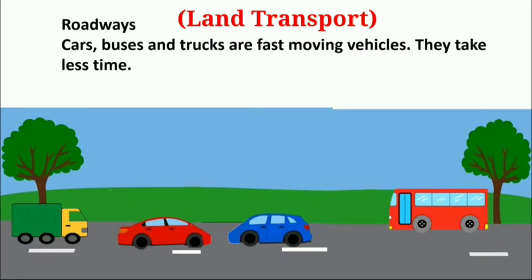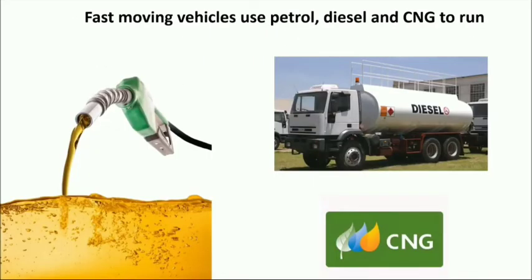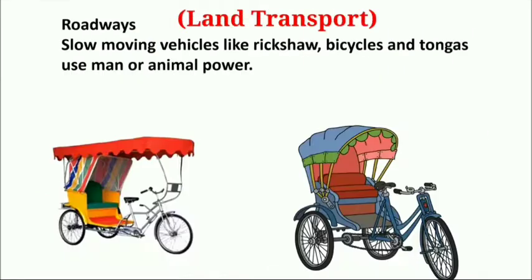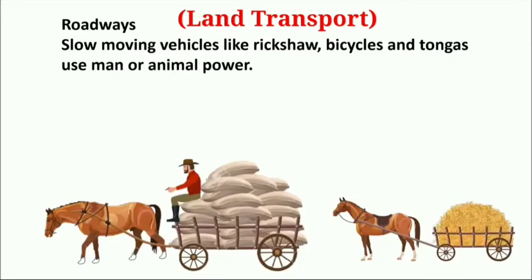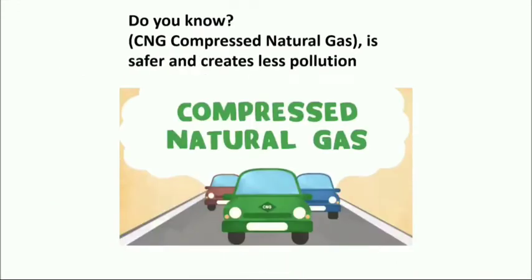Fast moving vehicles use petrol, diesel, and CNG to run. Slow moving vehicles like rickshaws, bicycles, and tongas use man or animal power. Do you know CNG is compressed natural gas? It's safer and creates less pollution.